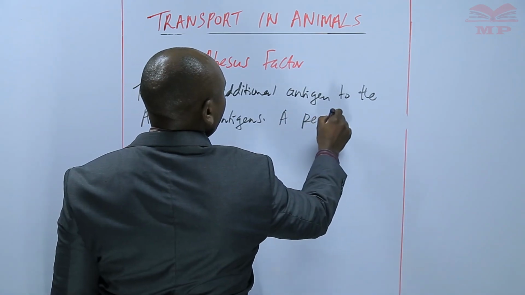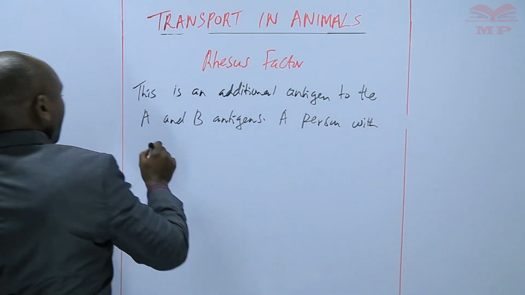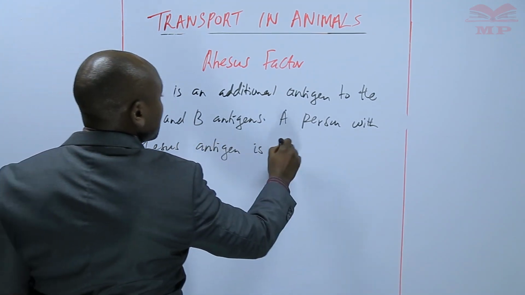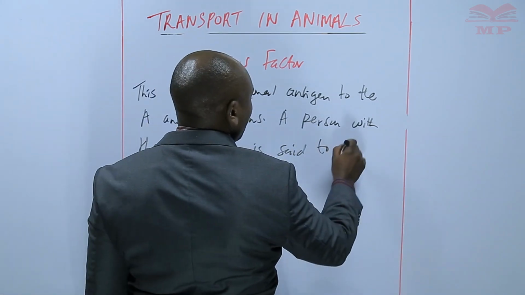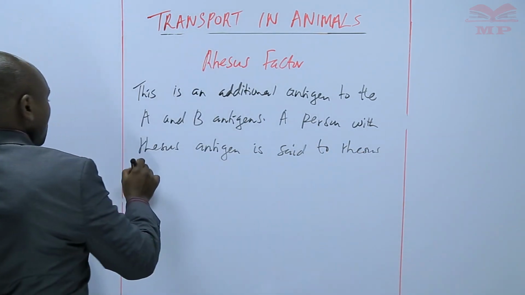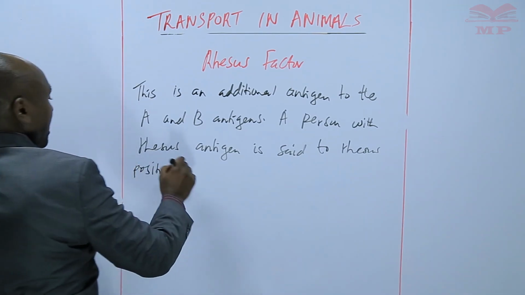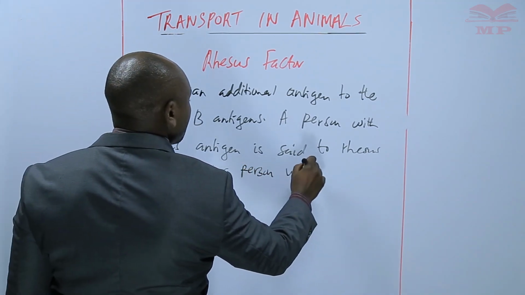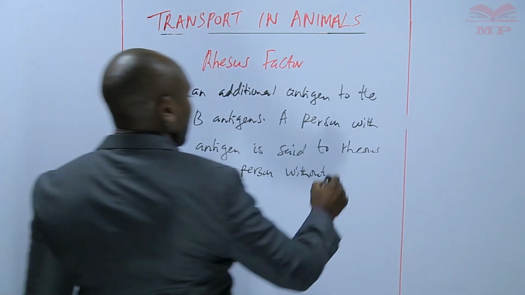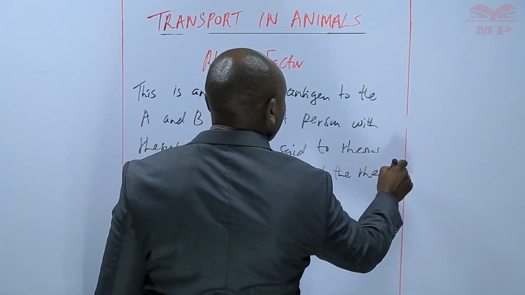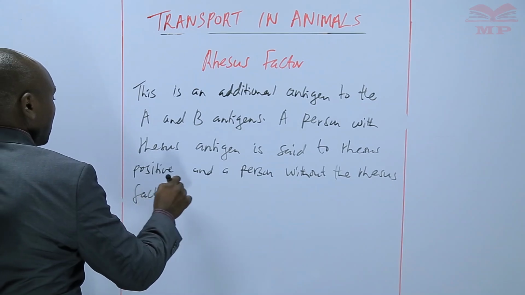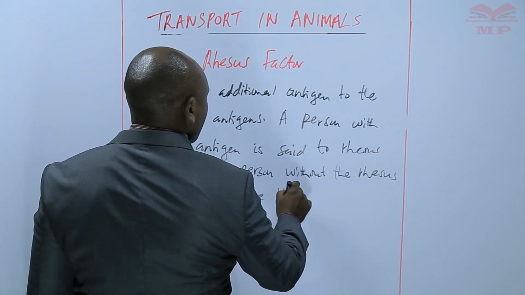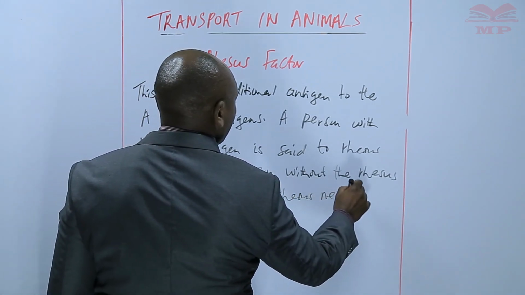A person with Rhesus antigen is said to be Rhesus positive, and a person without the Rhesus factor is said to be Rhesus negative.